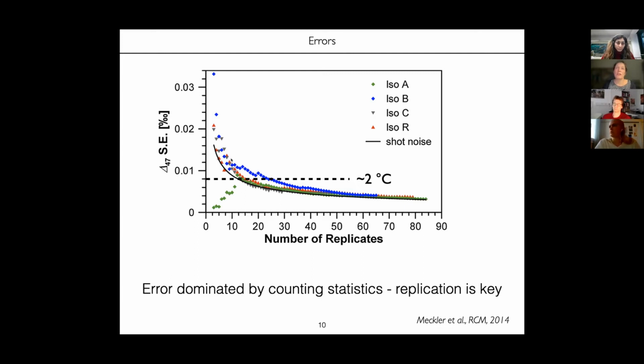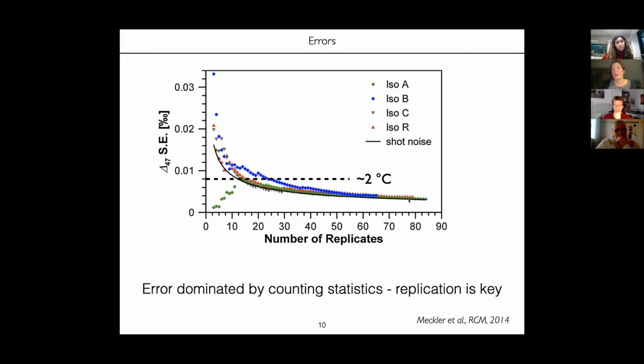And the stippled line is the roughly 2 degree error. So in order to get the error of each measurement down to something useful for paleoclimate, we do have to do something like 20, 30 or so replicate measurements of the same material over and over in order for this to become useful.